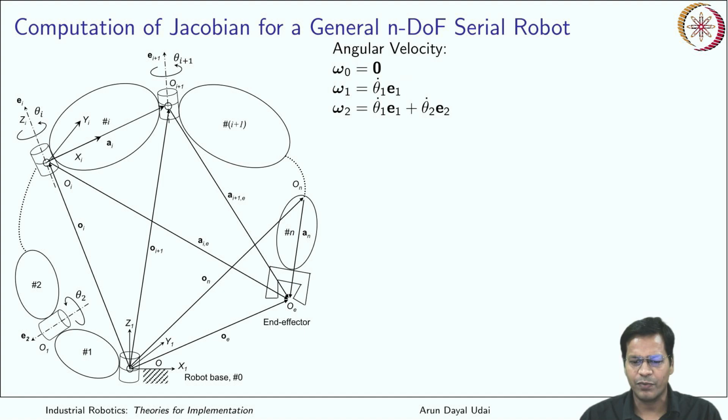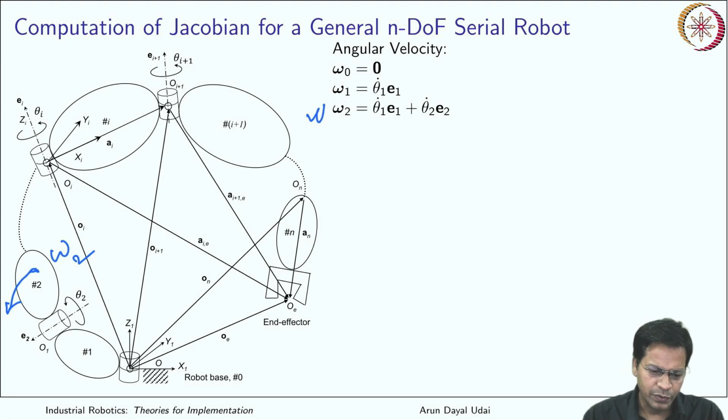So that becomes your omega 1. All the angular velocities can be written in a similar way. So what will be the velocity omega 2? Omega 2 is because of two rotations. First, because of relative rotation, that is theta 2 dot E2, that is here. And there is one more rotation which was given to the first link.